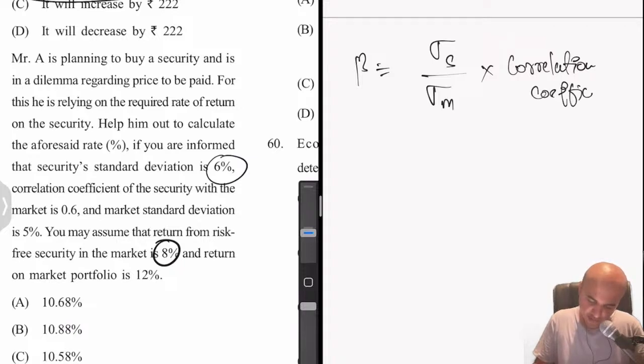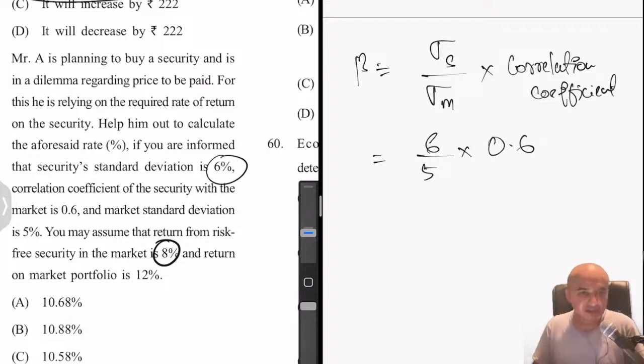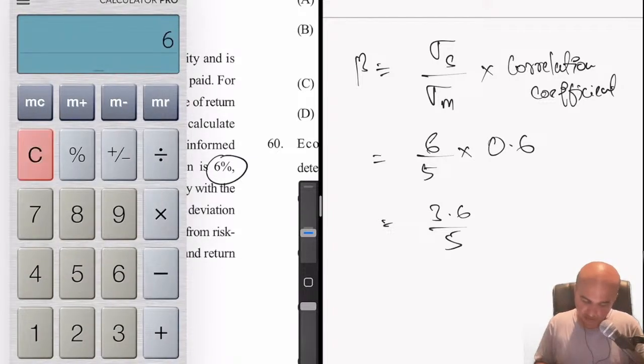If you remember this formula, then this will be easy. Standard deviation of the security is 6, market standard deviation is 5, correlation coefficient is 0.6. So let us do this. 6 times 6 is 36, that means 3.6 divided by 5, so 0.72, that is beta.